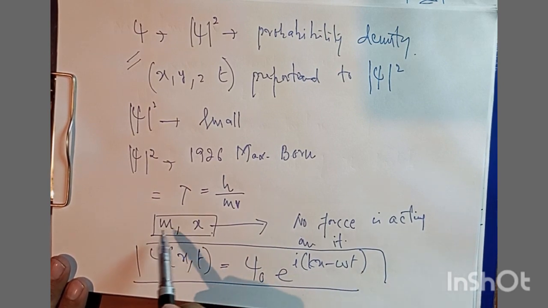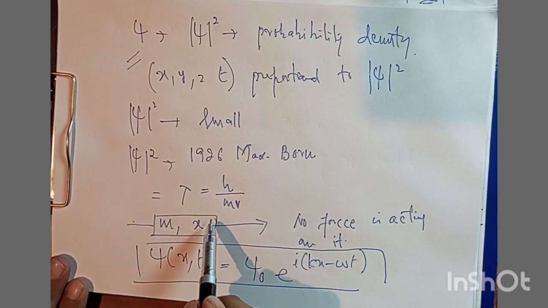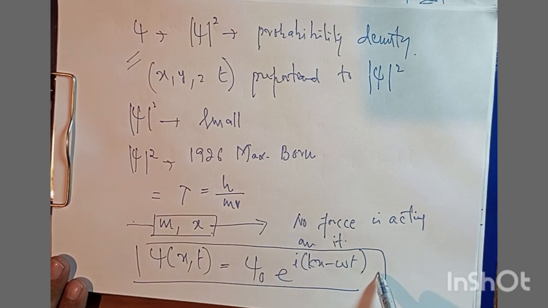So if we have a particle of mass m moving in the x direction, and no force is acting on it, then the motion of this particle can be described by a wave function, and this particle is moving in the positive direction of x, and that can be given by this equation.